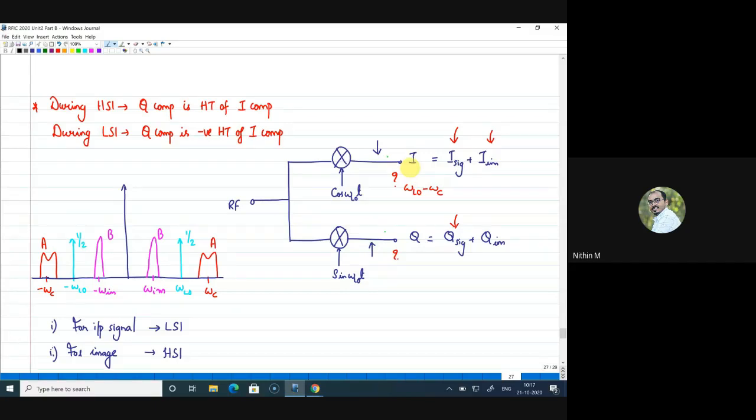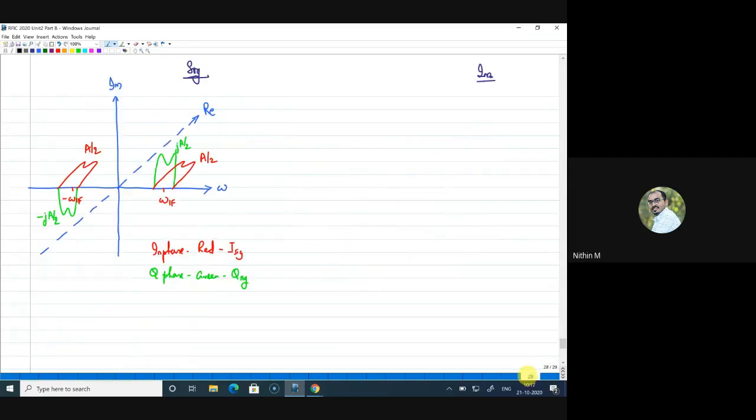So with this input signal spectra along with the image, we have drawn the I component and the Q component of signal and image here, right? So we have drawn only the signal.